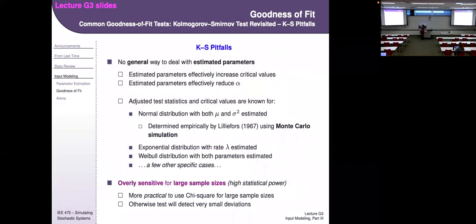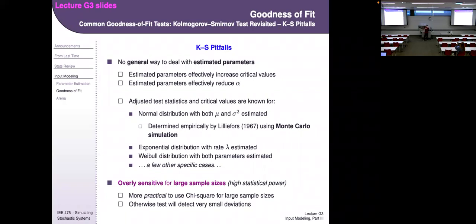Okay. So the downsides of the KS test: if you have estimated parameters, you really can't use it except for a couple of specific distributions like the normal. What I mean by estimated parameters is, you have to say, I'm testing against an exponential with this mean. I can't say I'm testing against an exponential with the sample mean of the data.